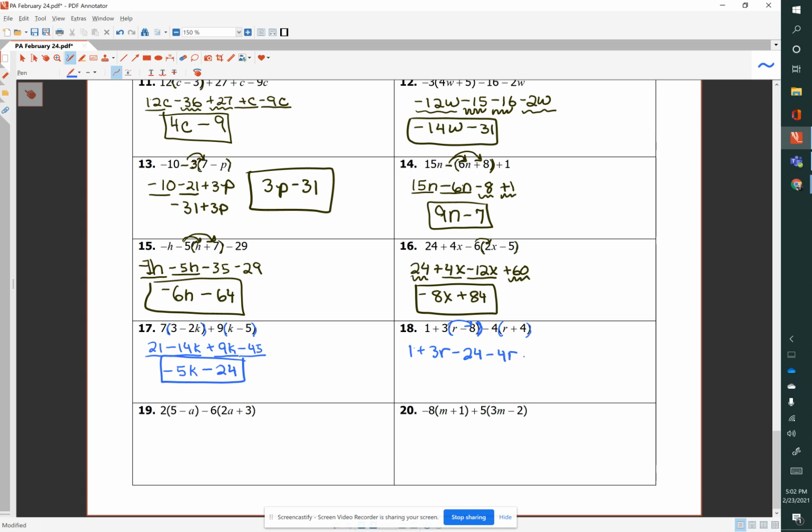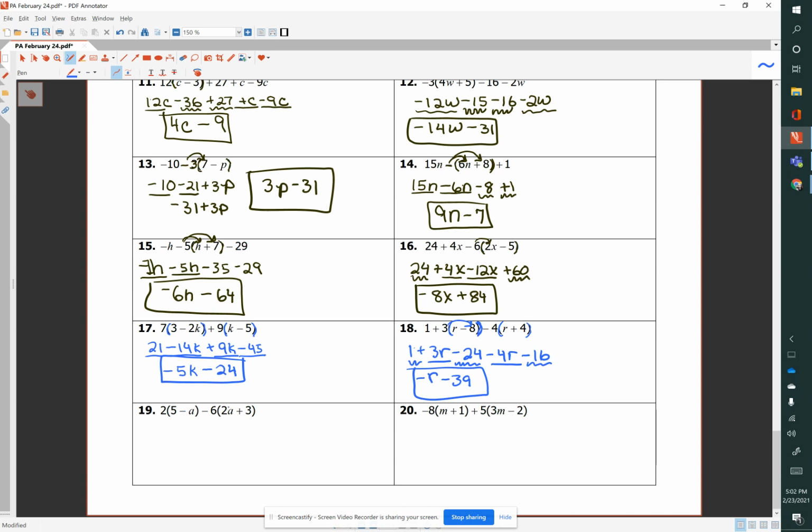Negative 4 times positive 4 is negative 16. So let's combine: 3r minus 4r is negative 1r, and we just write it negative r. 1 minus 24 is negative 23, and negative 23 minus 16 is negative 39. Let's double check that, 23, yep, negative 39. So negative r minus 39.